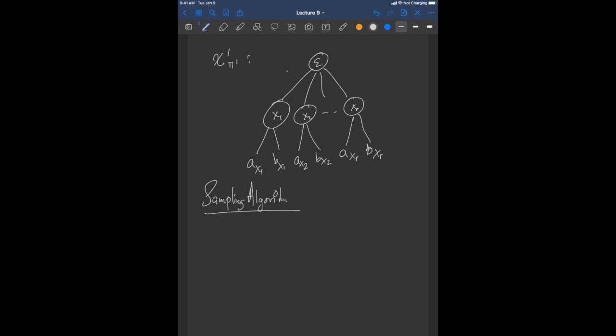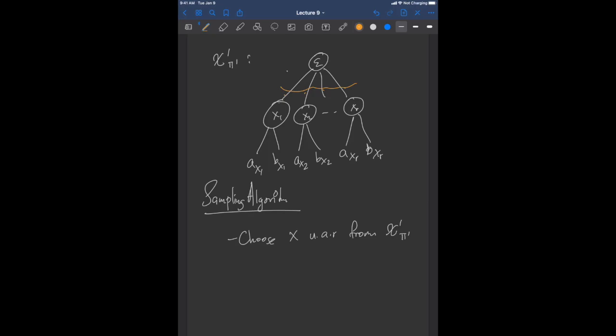Okay, so we first choose x uniformly at random from the set of matrices that we have, which is x dash pi dash. I don't know how many matrices there are, but I choose any of them with the same probability.